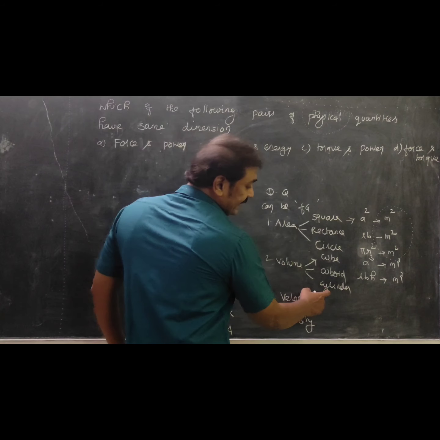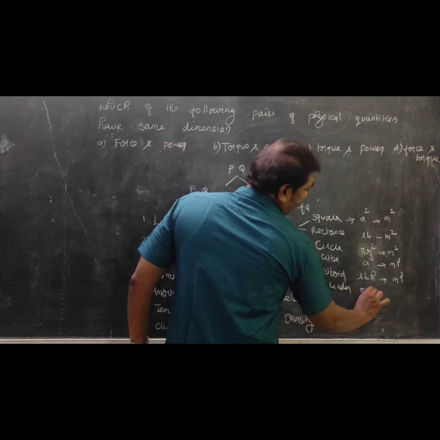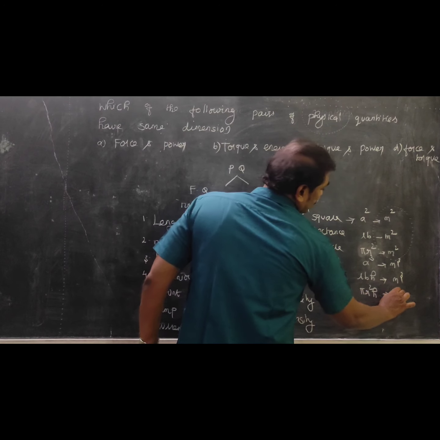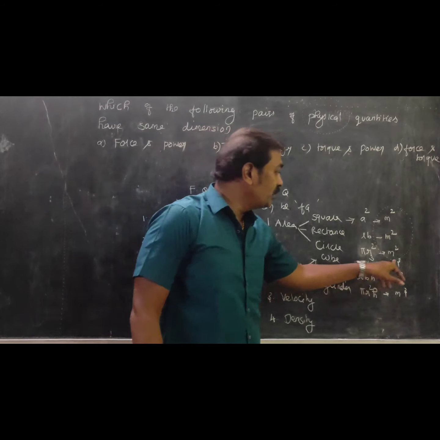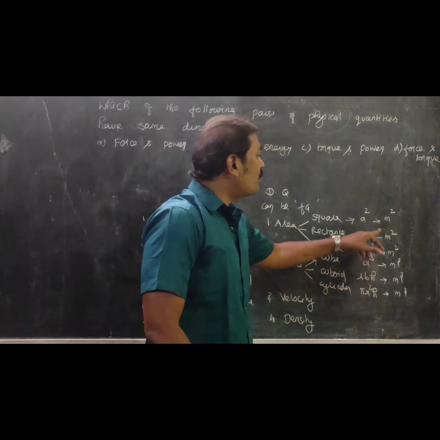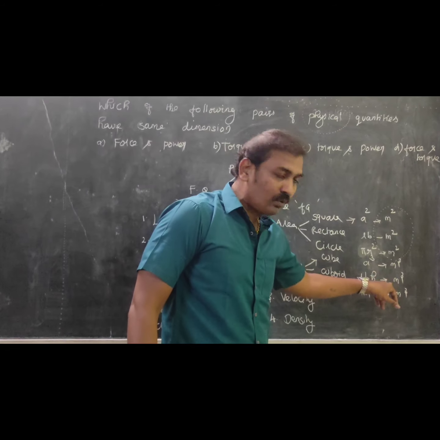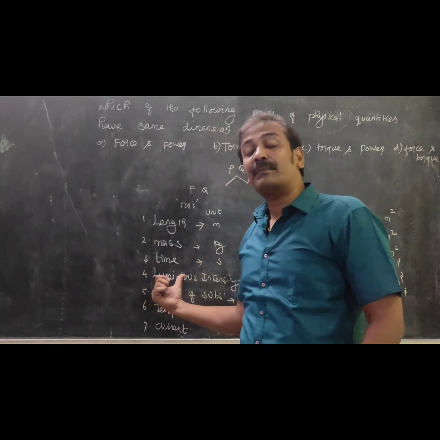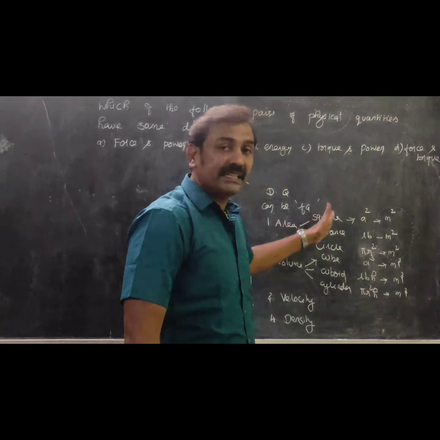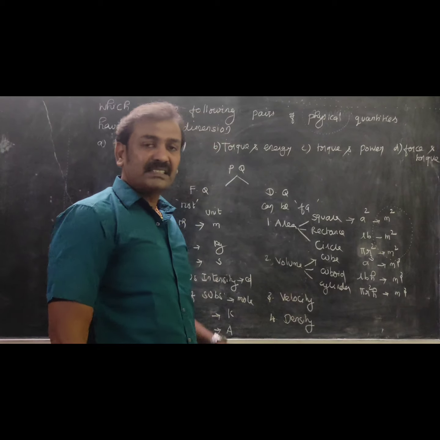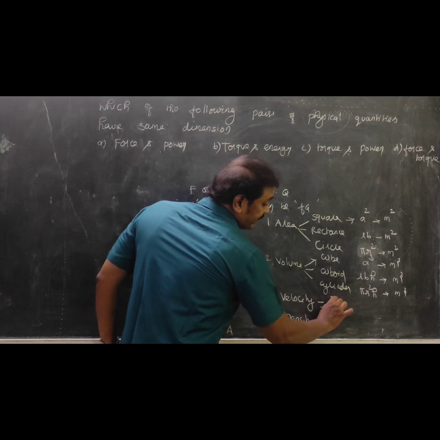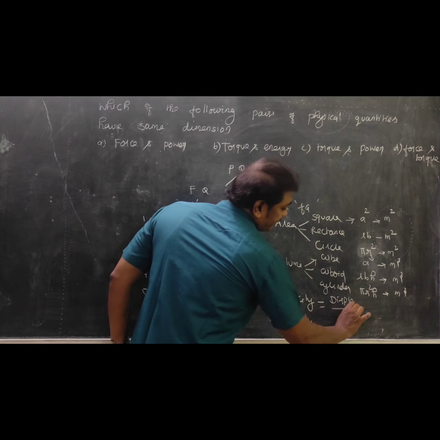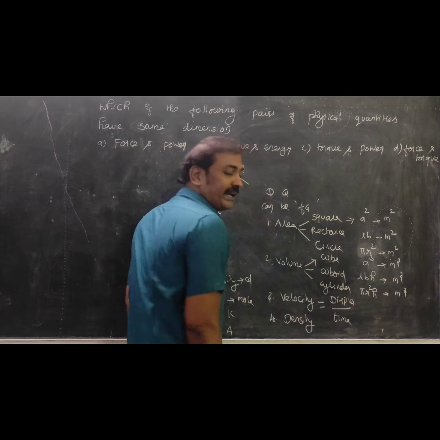Volume of a cylinder is pi r squared h, once again meter cubed. So the unit of volume is meter cubed. Since we use fundamental quantities more than once, it comes under derived quantity. Velocity: what is the formula? Rate of change of displacement, so displacement by time.